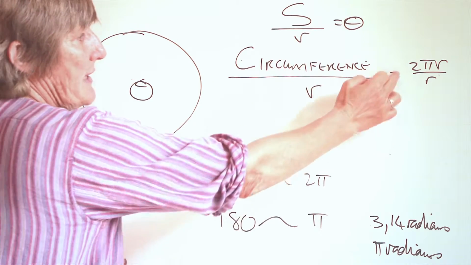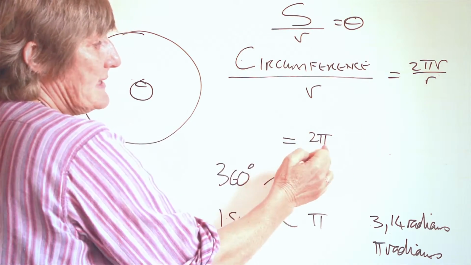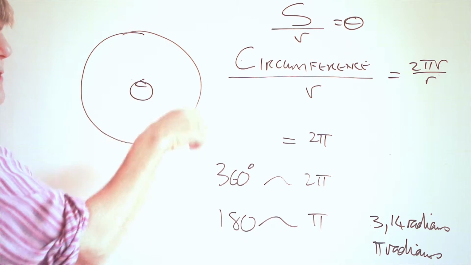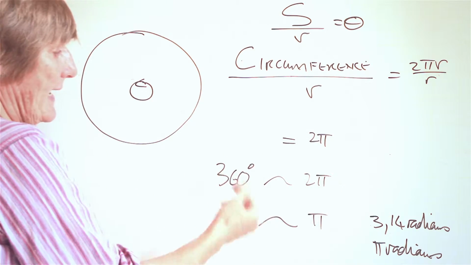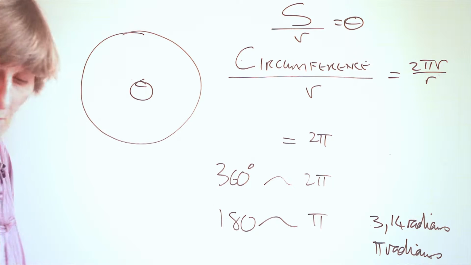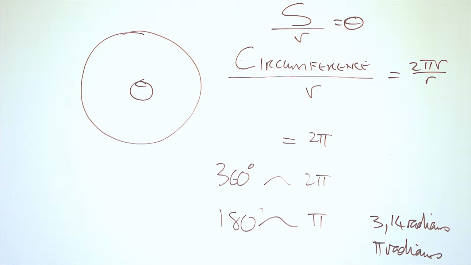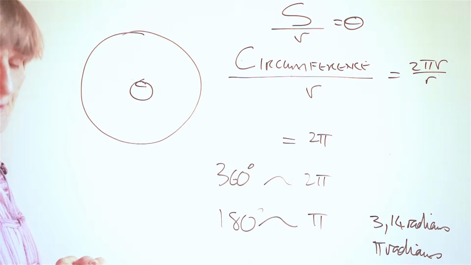And if we want to get the radians, according to this formula, we divide by r and we see it's 2 pi. Now all of you know a circle is 360, so 360 is the same as 2 pi. And 1 pi will then be 180 degrees, okay? So 3.14 radians is pi radians.